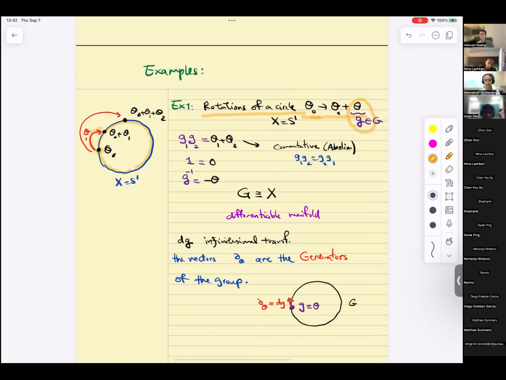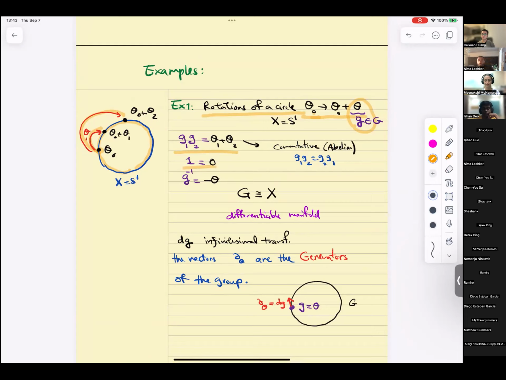So theta 1 is a rotation by angle theta 1, theta 2 is a rotation by angle theta 2, and then I can compose them and get a rotation by theta 1 plus theta 2, right? So the composition law is just addition of angles, mod 2 pi or whatever is your circle.